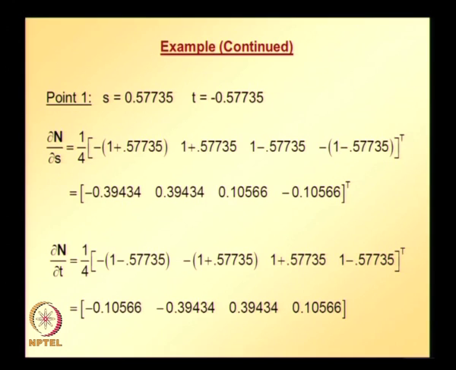Once we have these 2 vectors, we can easily calculate the partial derivative of x with respect to S, which is given by this formula, and by substituting both the vectors and calculating the value, it turns out to be minus 0.05.